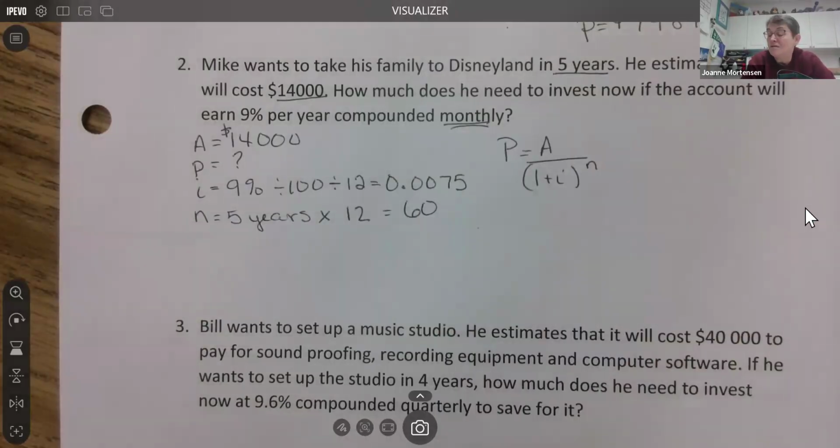And it helps me because if you just start randomly writing numbers, I'm going to be confused and you're going to lose marks.